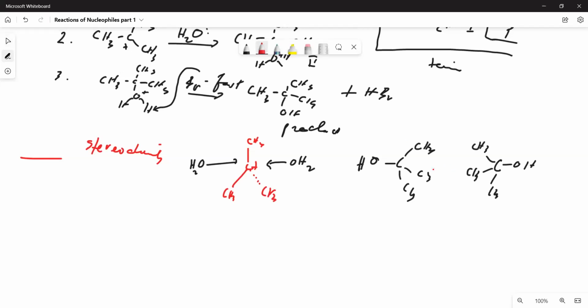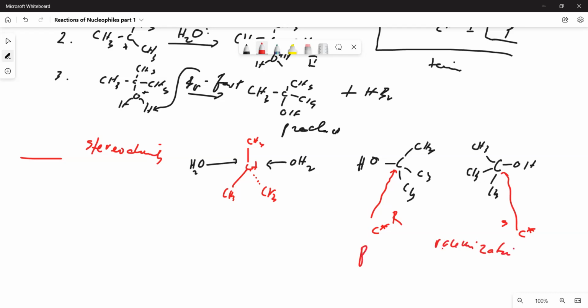And look at that situation there. If that carbon is chiral, in this case, it's not chiral, right? But if it so happened that this one is chiral, then you will have R and S, because look at the direction of configuration. They are inverted. So if you have R and S, you will have racemization, racemic mixture.